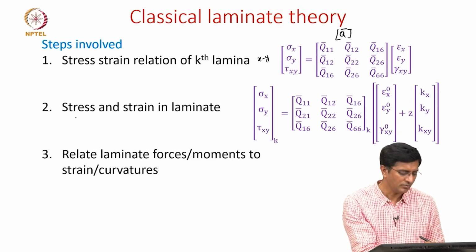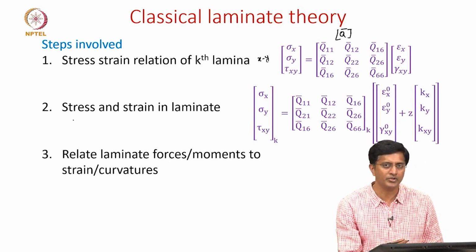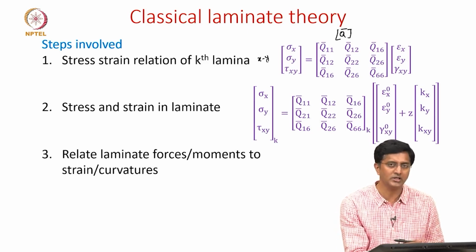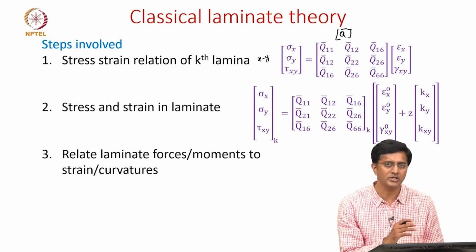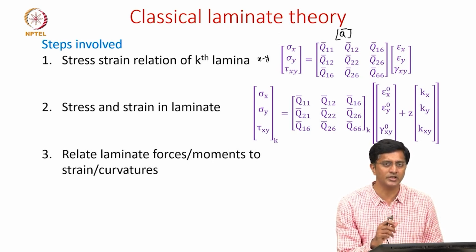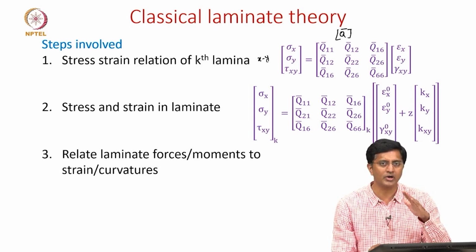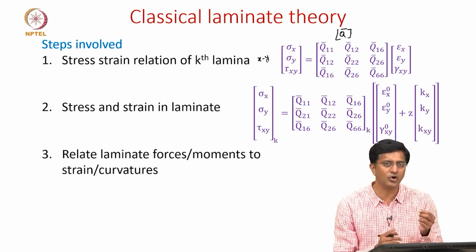In the second step, using deformation hypothesis, we have shown what is the relation between the stress and strain in the laminate. Essentially, we made a few assumptions regarding the deformation, saying that the normal should remain straight before and after deformation. This is the normal to the mid surface of the laminate.